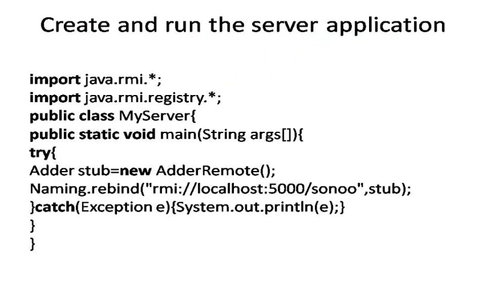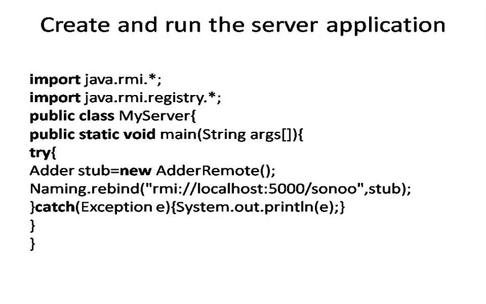Next we have to create the server application. For that, just write a main method. Inside the main method, you create an object and store it in the interface. Here you can see adder remote is an object, and this object is stored in a parent interface, that is adder.